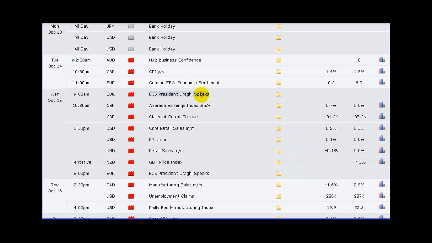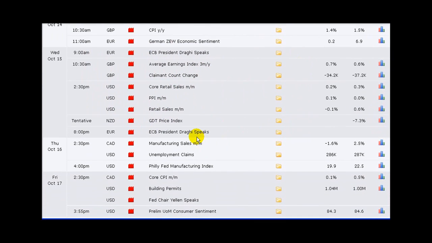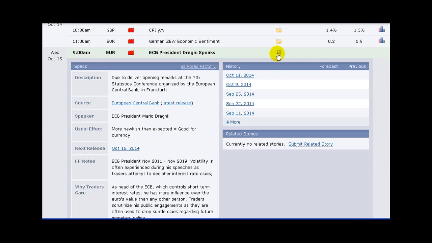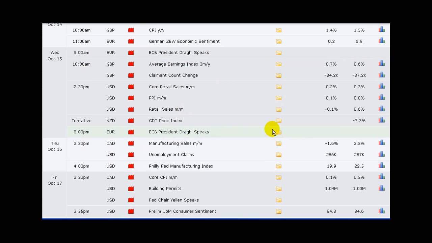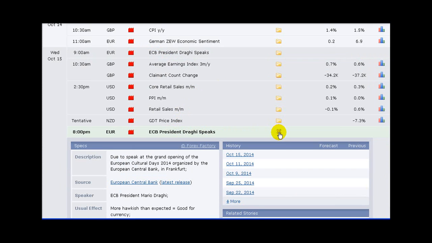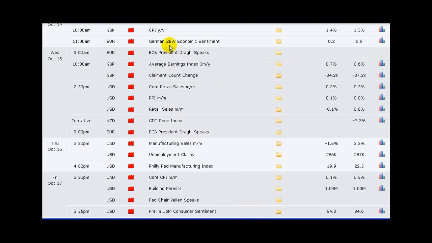Draghi talking is the one that can move things around, and he's actually talking twice that day. He's talking at 8 PM and at 9 AM. Let's see what he's doing. 7th Statistic Conference organised, European Central Bank. Yep, so he's talking twice at 2 different events on Wednesday, so be careful of what he has to say.